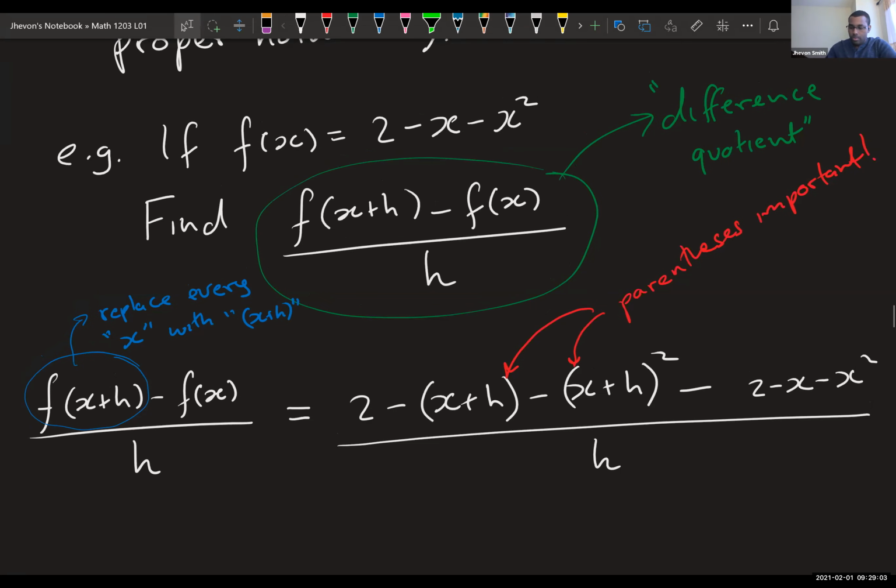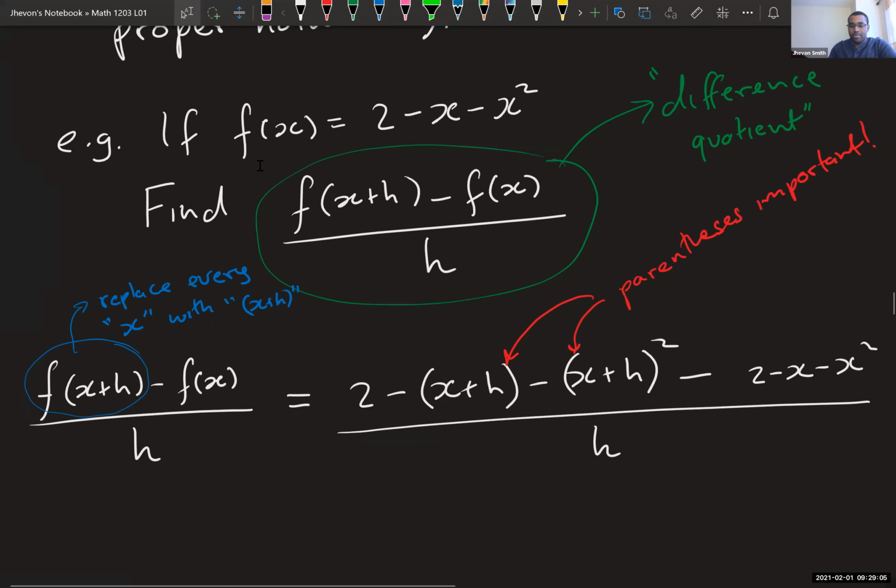Would you have to put parentheses around the f of x? You would. So it's incorrect as that, and this is correct. And again, that negative sign has to be distributed. A lot of students would not write those parentheses.